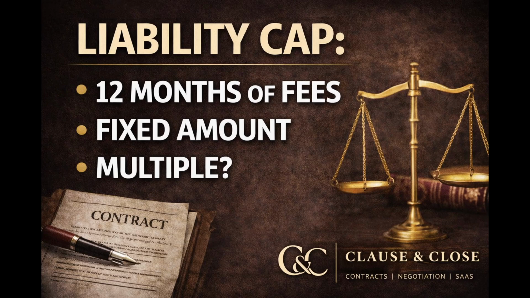So the real question is not 12 months, 24 months, 2 times or 3 times. The real question is, what exactly is this cap supposed to cover, over what period, for what category of risk, and with what economic logic behind it?